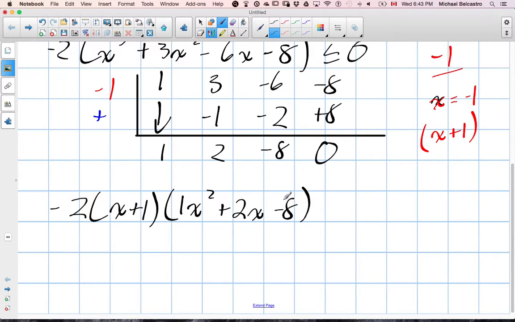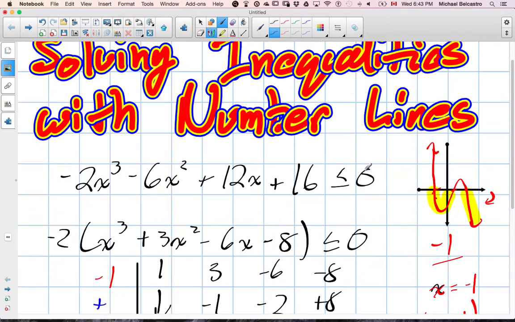This can be factored very quickly using product sum, if you like. Two numbers that multiply to negative 8 and add to 2: 4 and 2, and we need it to be positive 4. So x plus 4, x minus 2. Yay! Okay, so we've gone through all that factoring.